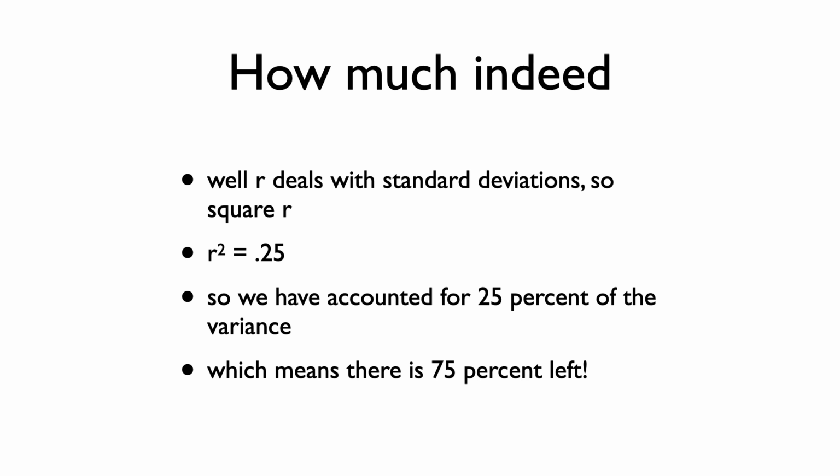So, all right. Anyway, 75% left. Other variance to explain. By the way, if you explain 25% of the variance in a variable, you should be very happy. It's a lot of variance to explain. But there's still 75% left.